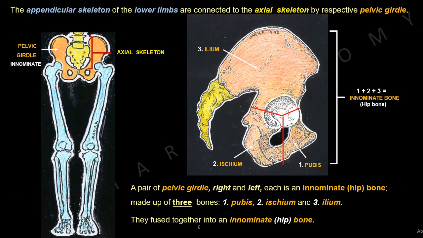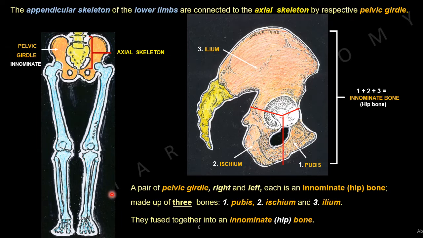The appendicular skeleton of the lower limbs, which are light blue in color, is connected to the axial skeleton, which is yellow in color, by the respective pelvic girdle, which is light orange in color. A pair of pelvic girdles, right and left, each is an innominate bone.